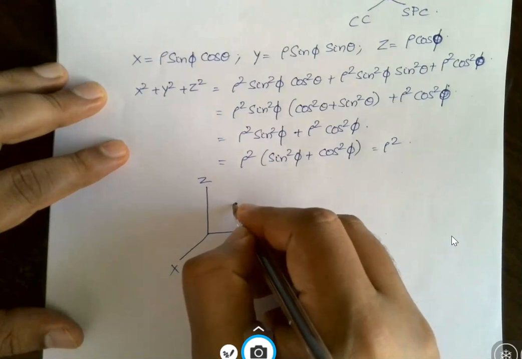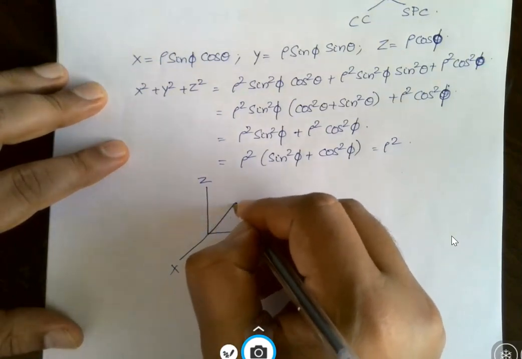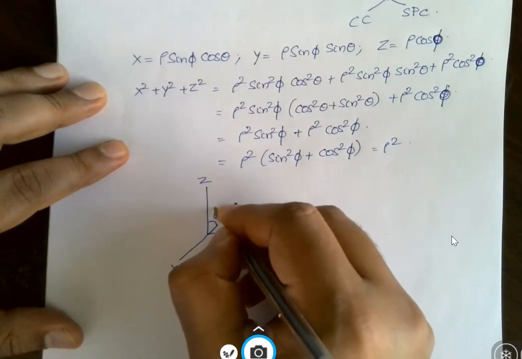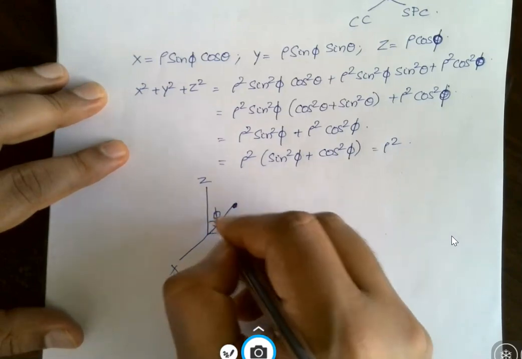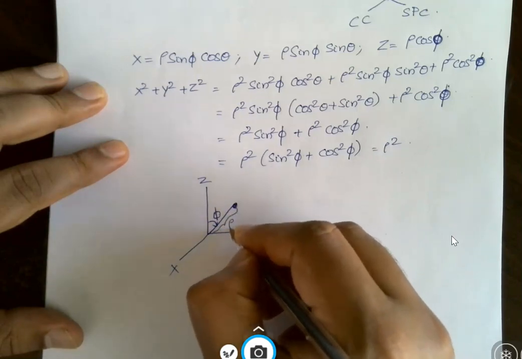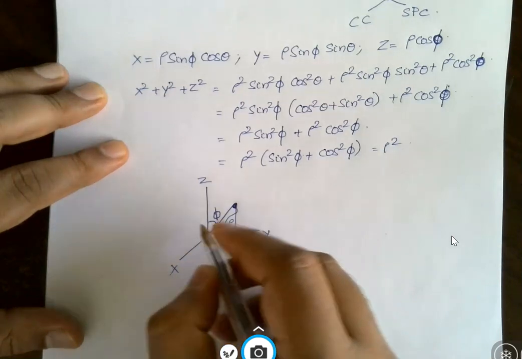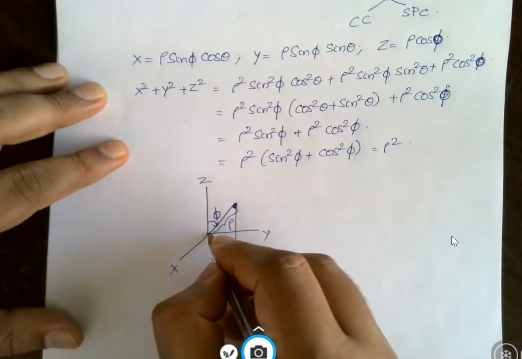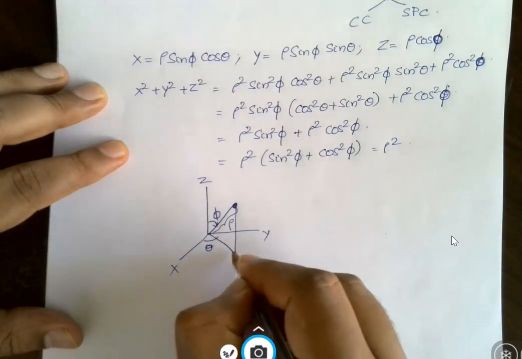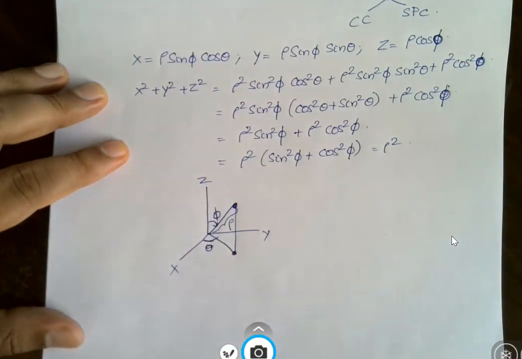If you take a point here, this angle from the positive z-axis is going to be your phi, and this length is going to be rho. When you project it into the xy plane, this is going to be theta.